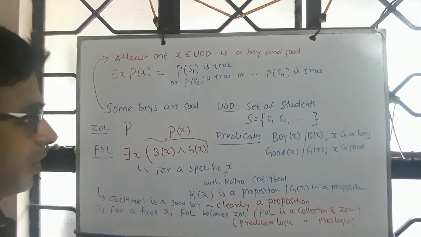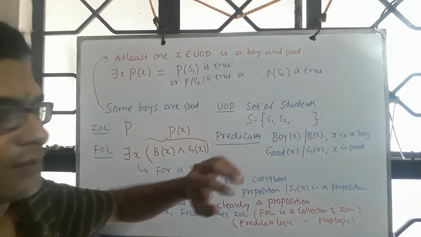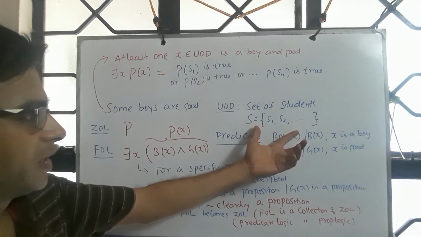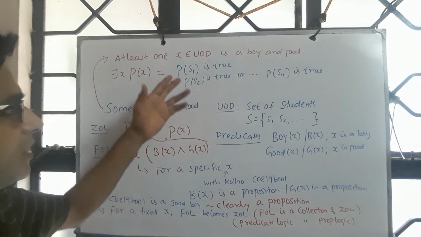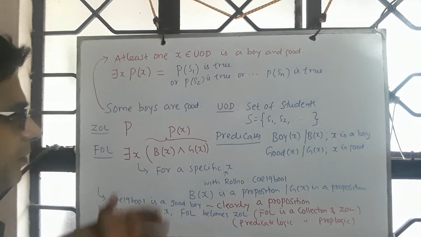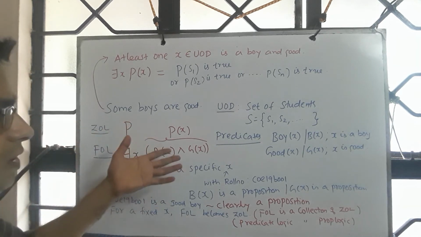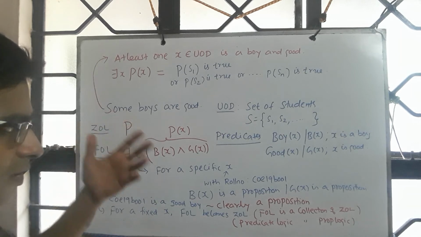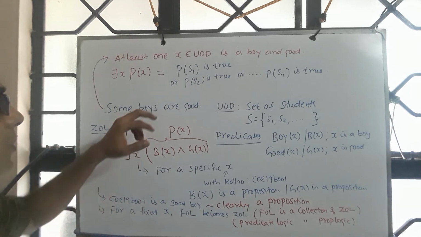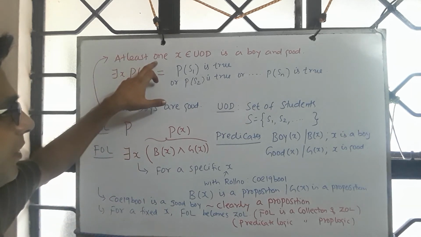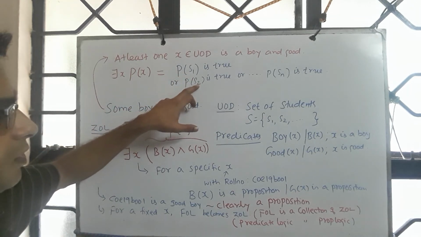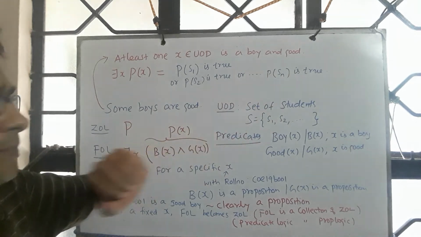It may be the case that all are true, maybe all are boys, there are no girls in the set. Or it could be the case that there are n elements, some 10 elements are true and the rest of them are false. And some of them may be boys but they are not good, and some of them are not even boys, and the rest are boys and good. So it only says at least one. It may be the case that S1 is a boy and good, it may be the case that S2 is a boy and good, and so on.